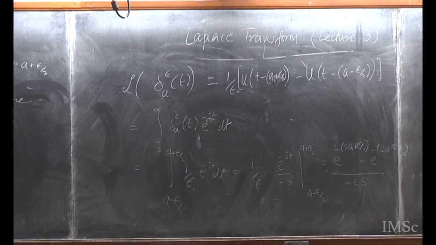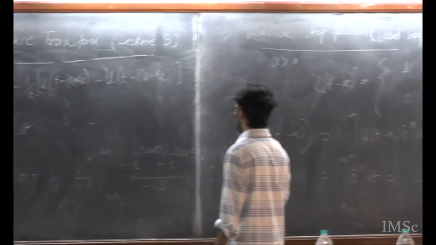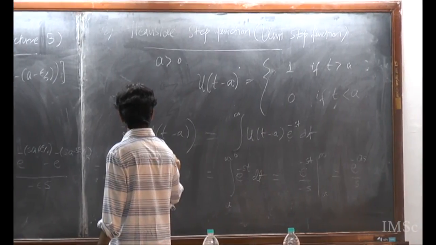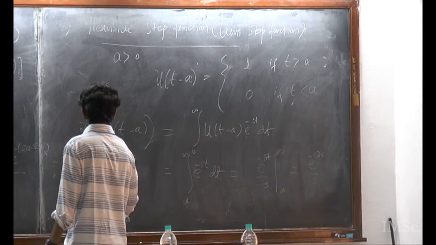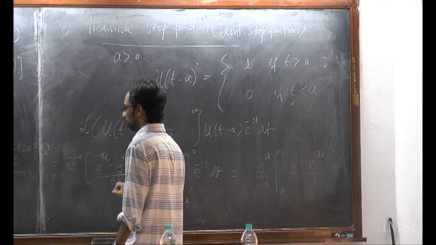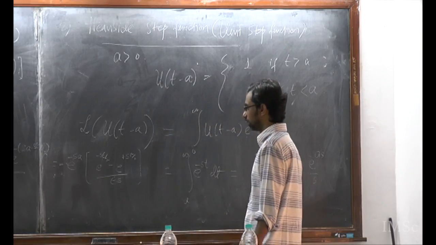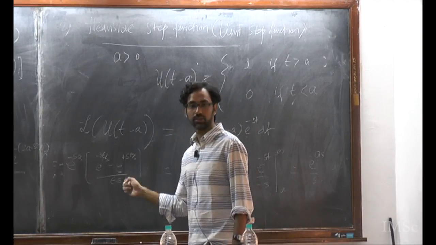Is this correct? Okay, so actually you can take e to the minus sa outside. And you're left with e to the minus s epsilon by 2 minus e to the plus s epsilon by 2, over s epsilon, and there is a minus sign. What is this limit as epsilon tends to 0?